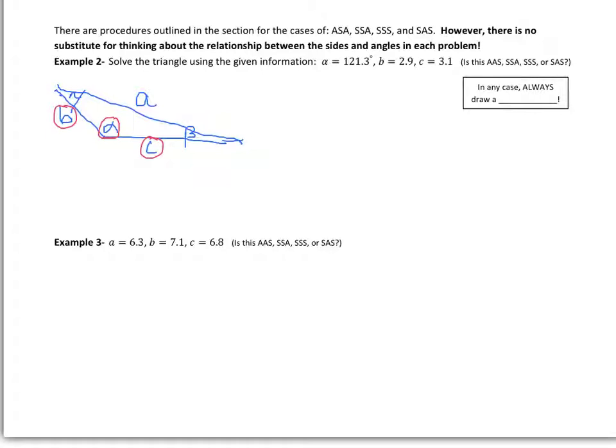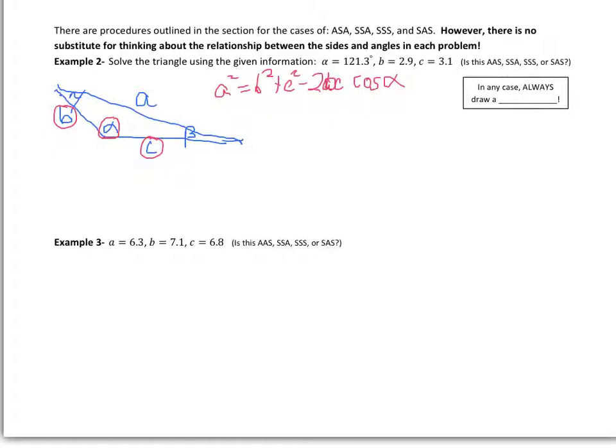So we need to determine whether we want to solve for A, or beta or gamma. Let's solve for side A. The law of cosines corresponding with that is A squared equals B squared plus C squared minus 2 times B times C times the cosine of alpha.